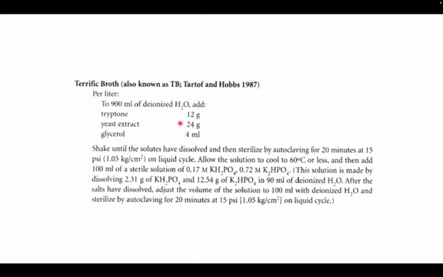You can also sometimes use 2x LB, which is basically double the LB recipe. So this is essentially an extremely nutritious medium that supports very high bacterial growth and protein expression.